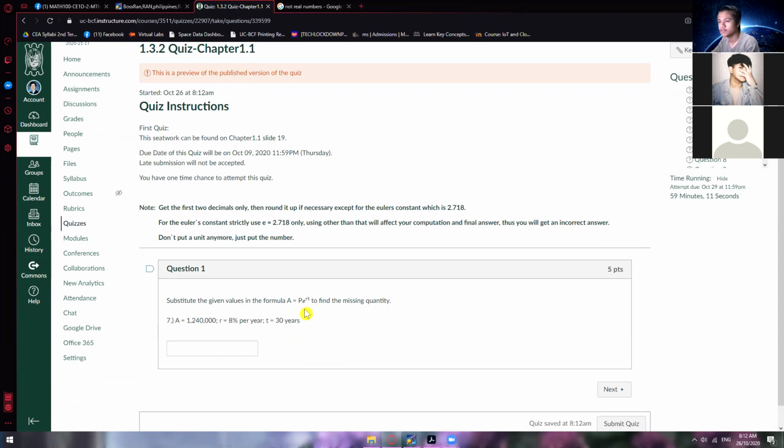So all you need to do is some basic mathematical equations. Like for example, given na yung P, E, R, and T. So all you need to do is solve it as it is to get the value of letter A.